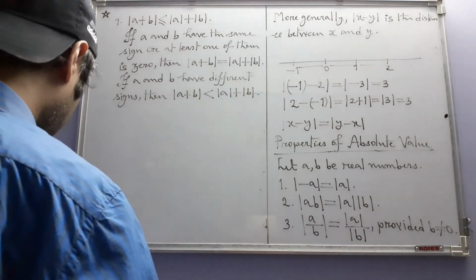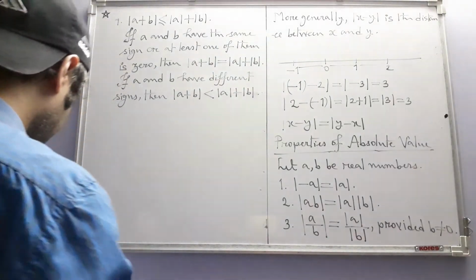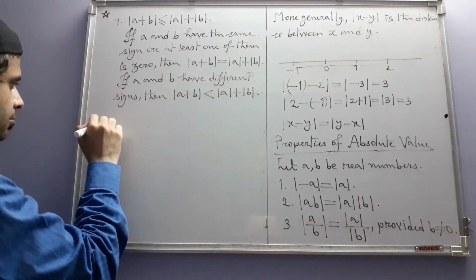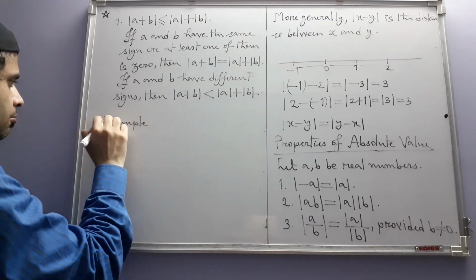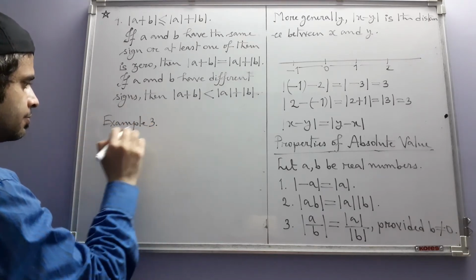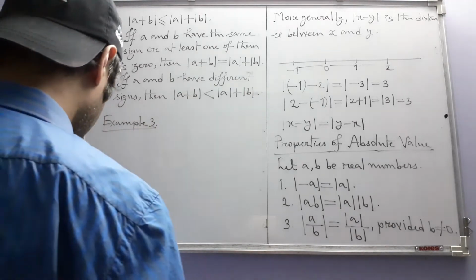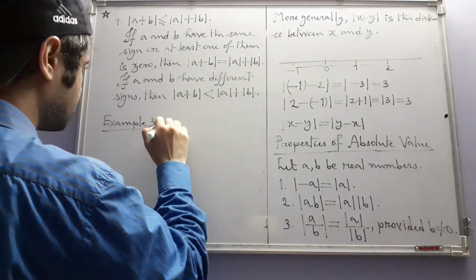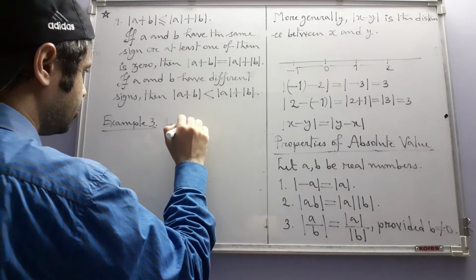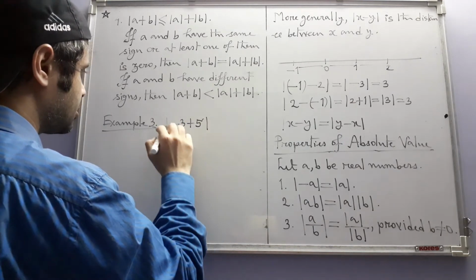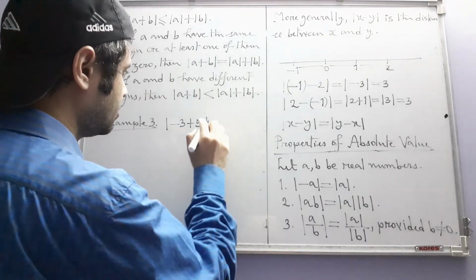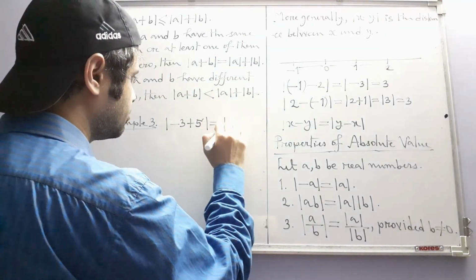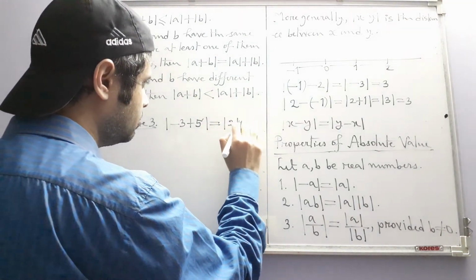So you can take an example, and this is in fact example 3. So here you can see that if you take the numbers minus 3 and 5 in place of a and b, say, then this is equal to 2.